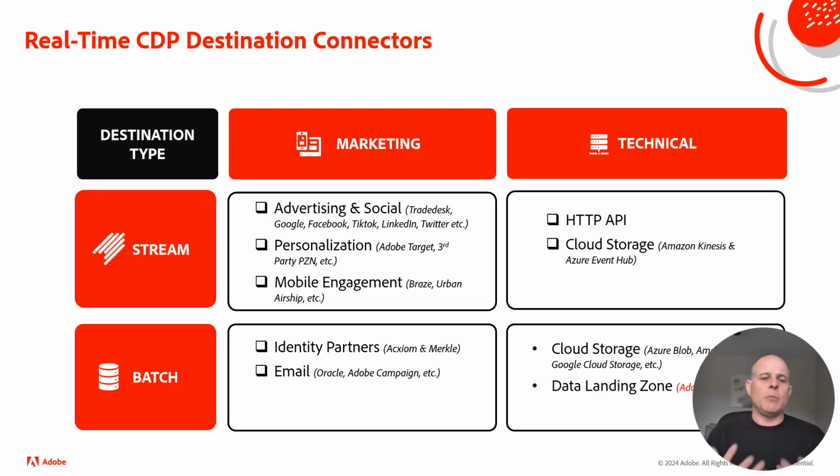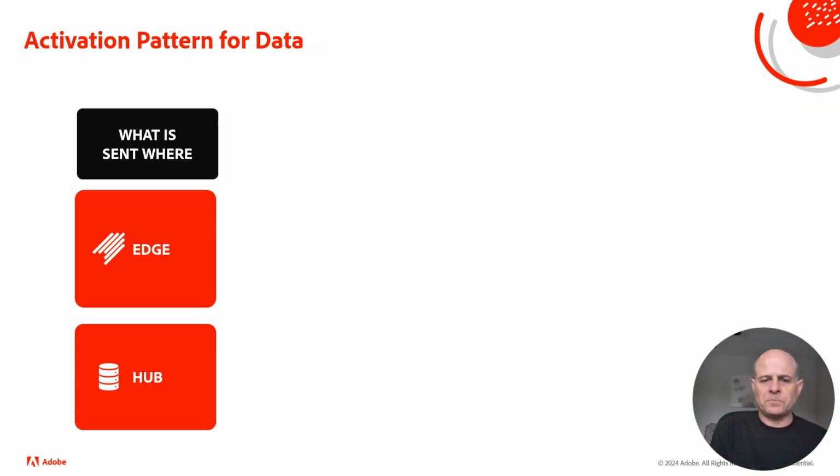And that would send something more in a batch and blast style situation. Whereas with the technical ones, I might have just a generic S3 bucket or a data landing zone that Adobe provides sitting there waiting for files to arrive. And these are probably more integrated with, again, a technical solution.